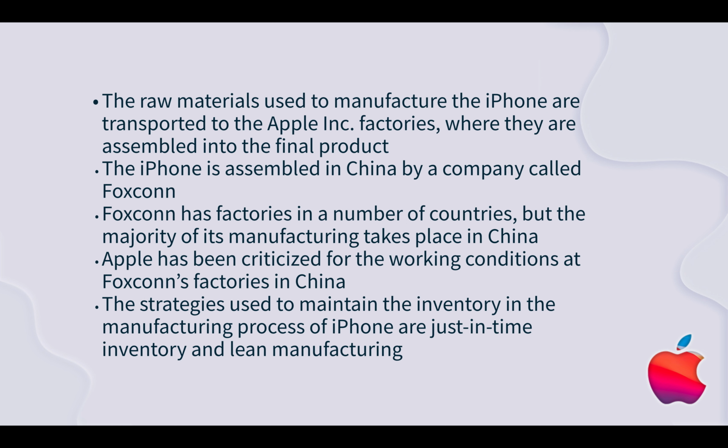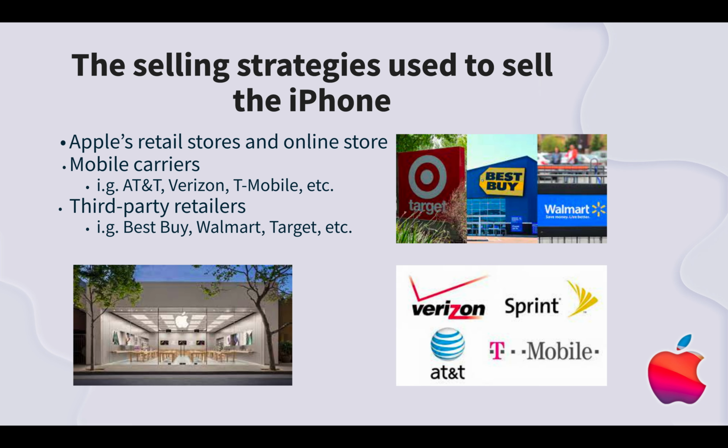Foxconn has factories in a number of countries, but the majority of its manufacturing takes place in China. Apple has been criticized for the working conditions at Foxconn's factory in China. The strategies used to maintain the inventory in the manufacturing process of the iPhone are just-in-time inventory and lean manufacturing.